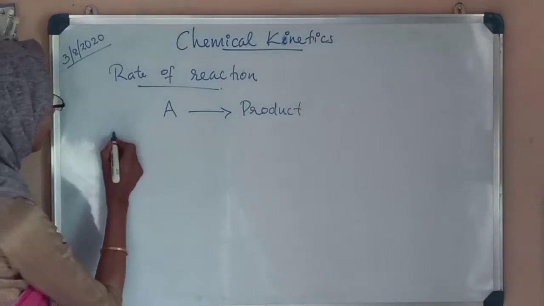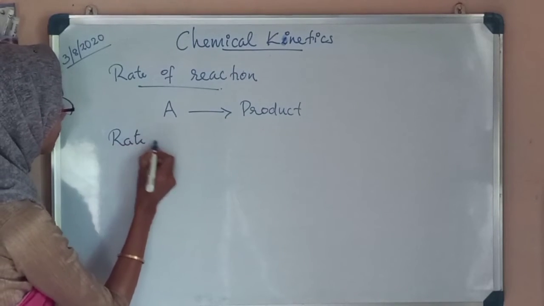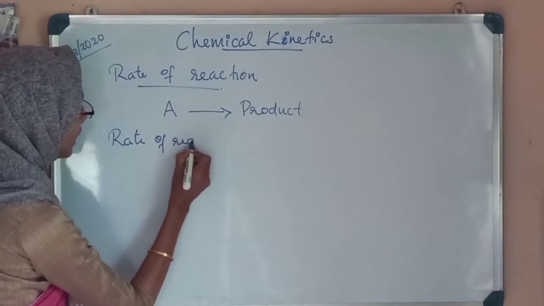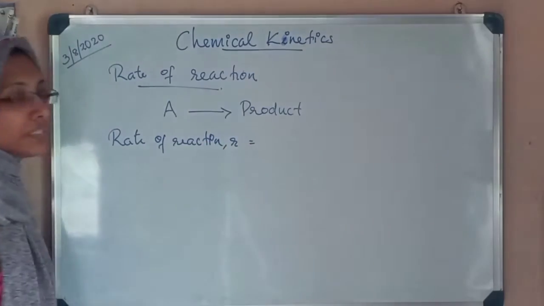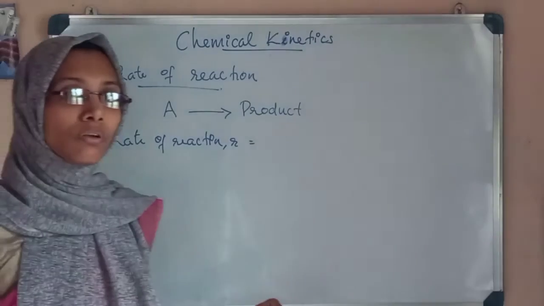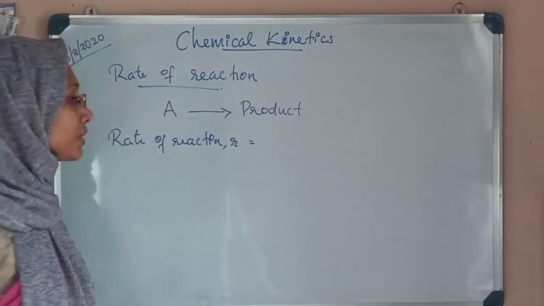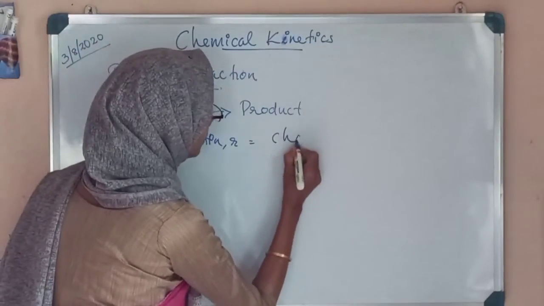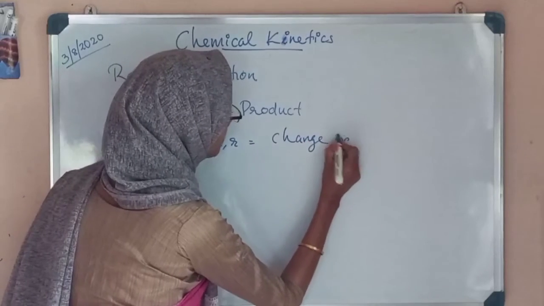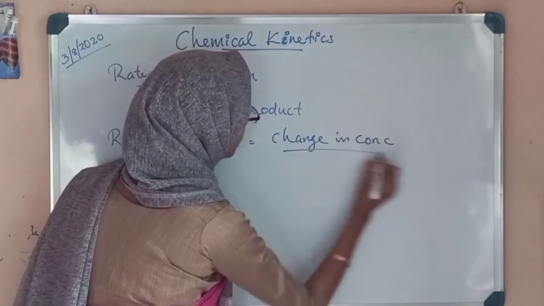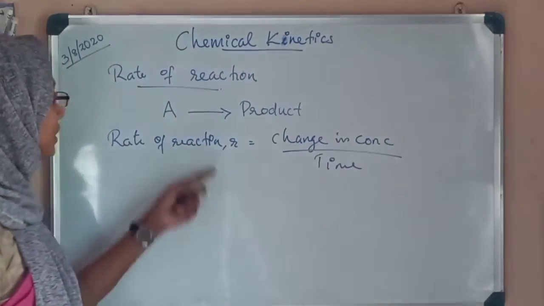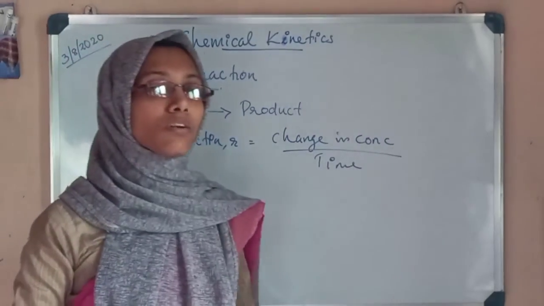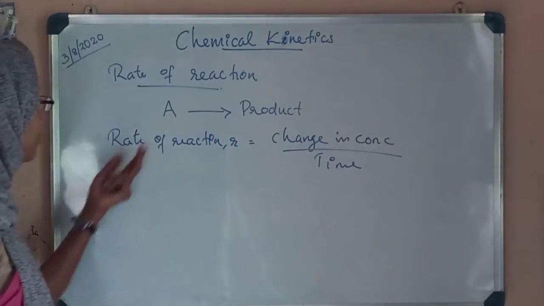That is, the rate of reaction means the change in concentration per unit time. Change in concentration per time. That is, the rate of the reaction is given by change in concentration divided by time.